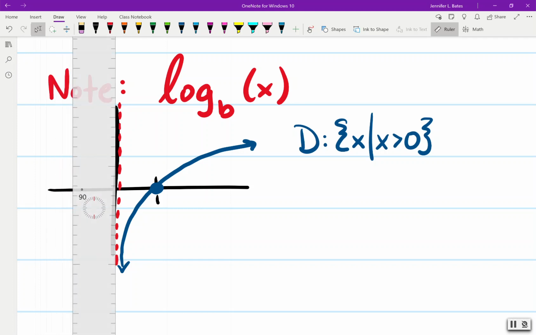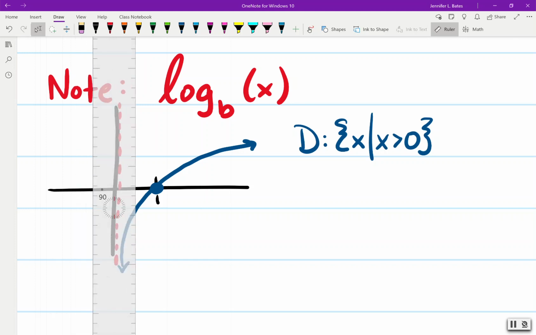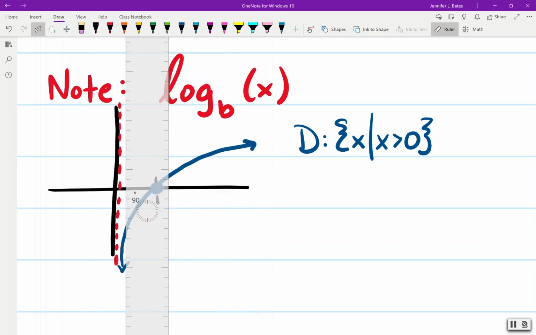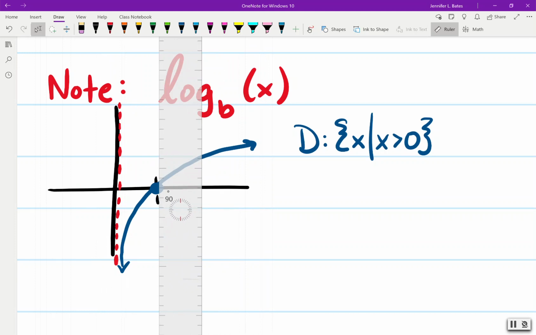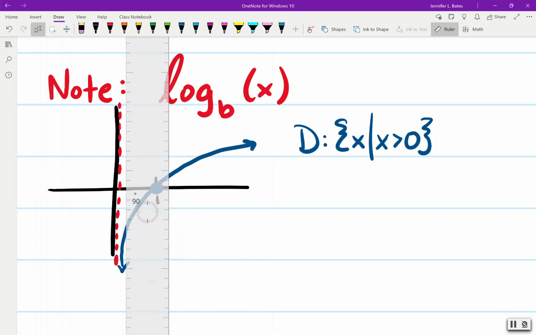Even 0 is not included in the domain because my function will never touch the y-axis because of the asymptote. It only touches where the x values are positive and non-zero.